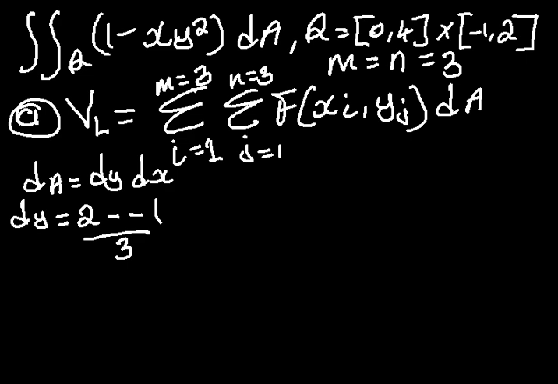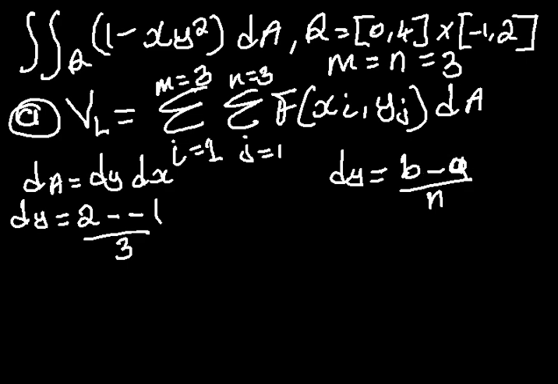And by the way, you should understand that this is delta y. The formula is (b minus a) divided by n, where b is the upper value on the interval and a is the lower value on the interval, and the minus is part of the formula.